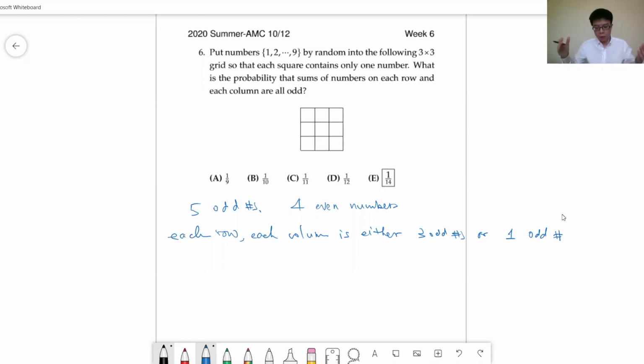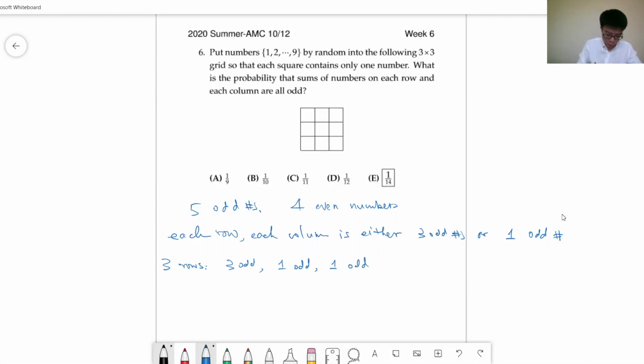But we have totally 5 odd numbers. We cannot have every row with 3 odd numbers, or every row with just 1 odd number. So the only case is that one row has 3 odd numbers, and the other 2 rows just have 1 odd number.